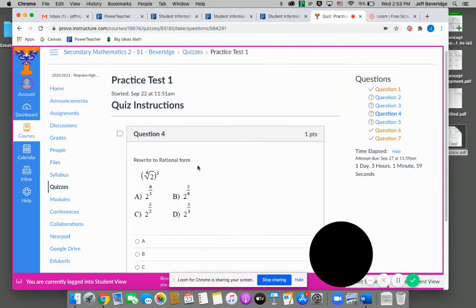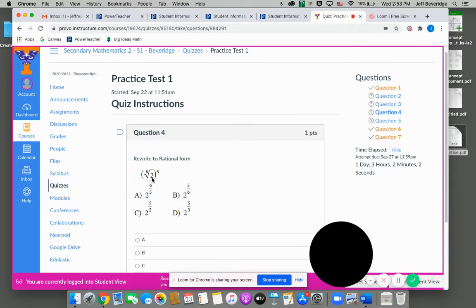Now you'll have 2 more like this, but this time it's going to ask you to rewrite from radical form to rational form. This was covered in I think 2.5. If you don't remember how you can rewrite these, watch 2.5, I believe it is, and it should show you how to rewrite.